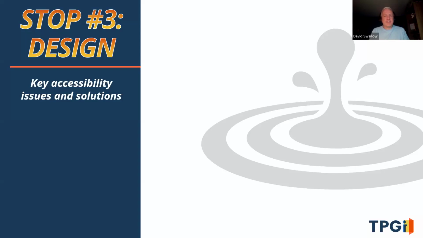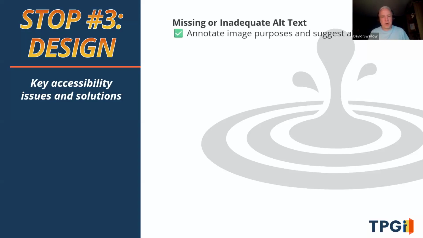But design choices create those ripples that cascade into development and testing and beyond. So let's revisit our recurring issues and see how they play out in design. So, missing or inadequate alt text. Images and icons may lack clear functional descriptions in annotations, or the decorative versus informative versus functional intent might not be clarified.